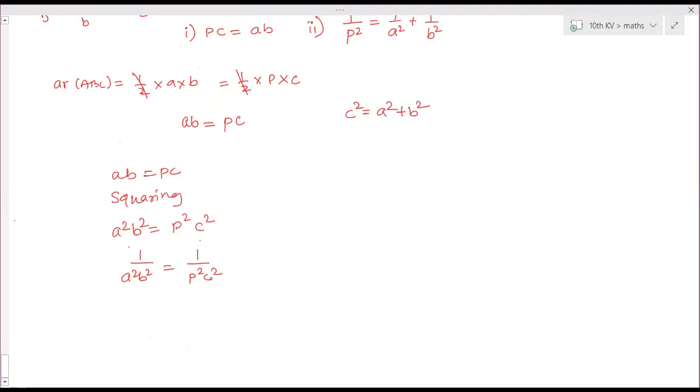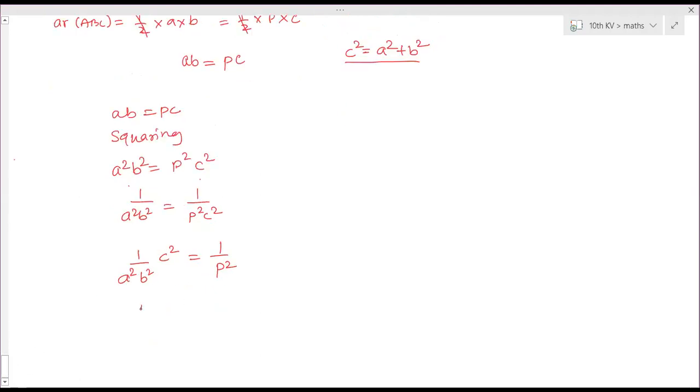Keep 1 by P square this side, C square take on the other side. So it is C square by A square B square is equal to 1 by P square. Substitute the value of C square as A square plus B square. So A square plus B square by A square B square is equal to 1 by P square.